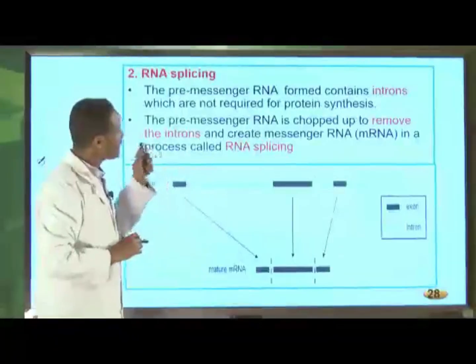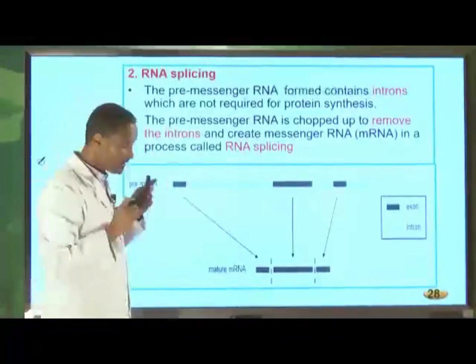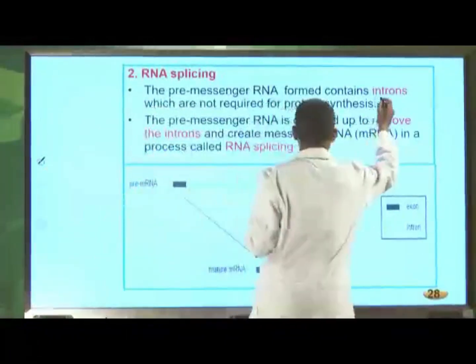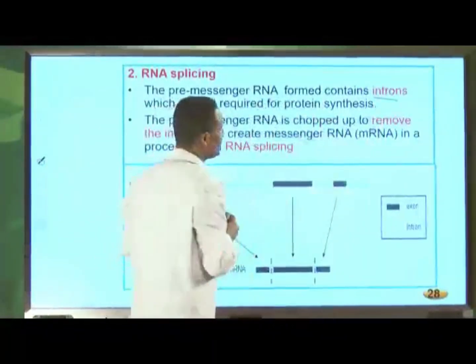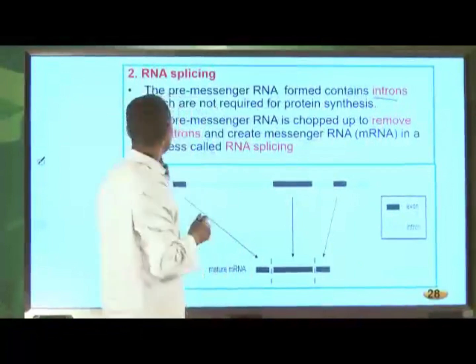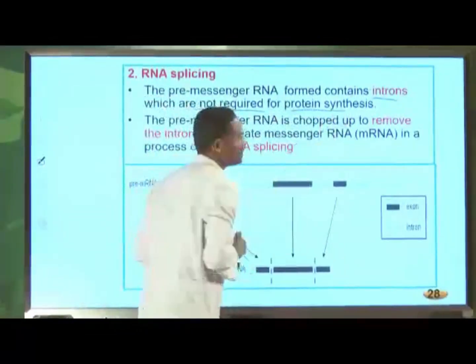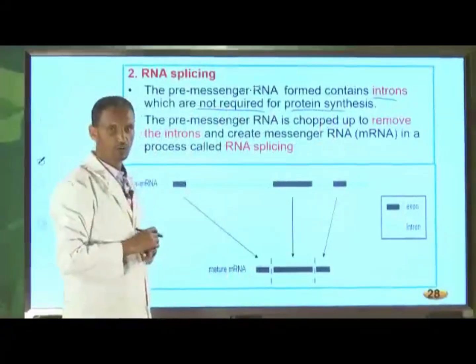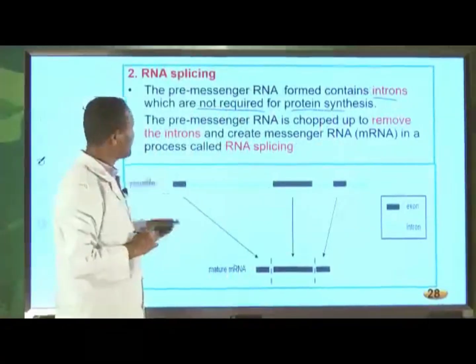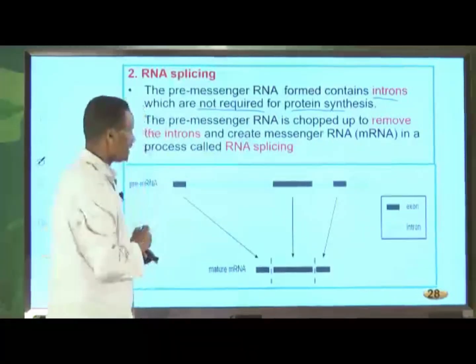The pre-messenger RNA formed contains introns and exons. But introns are not required for protein synthesis. Here, this one is the pre-messenger RNA.